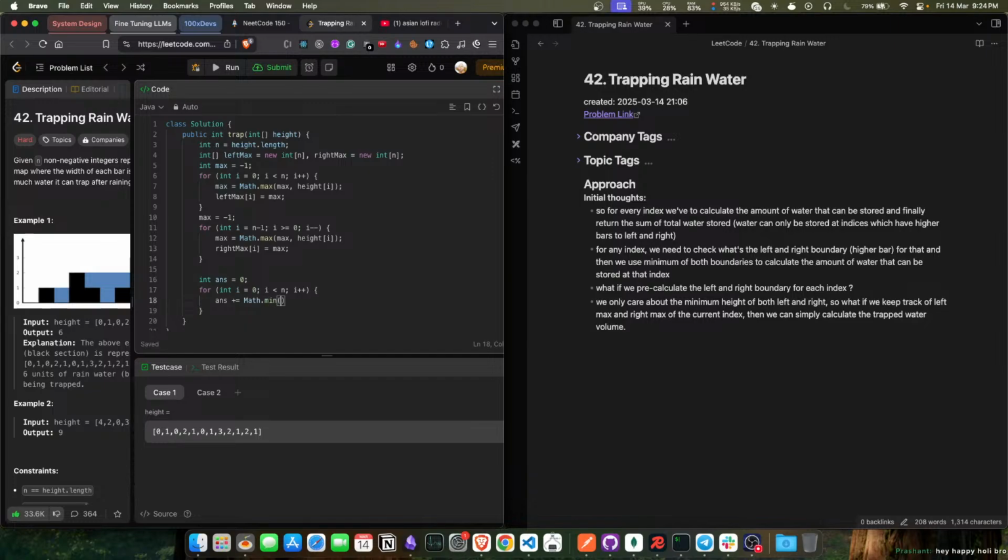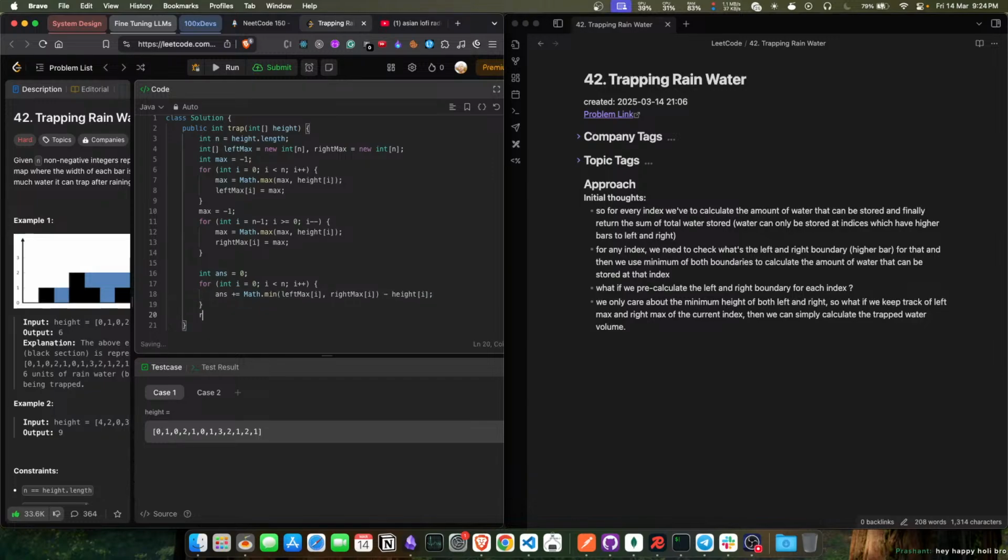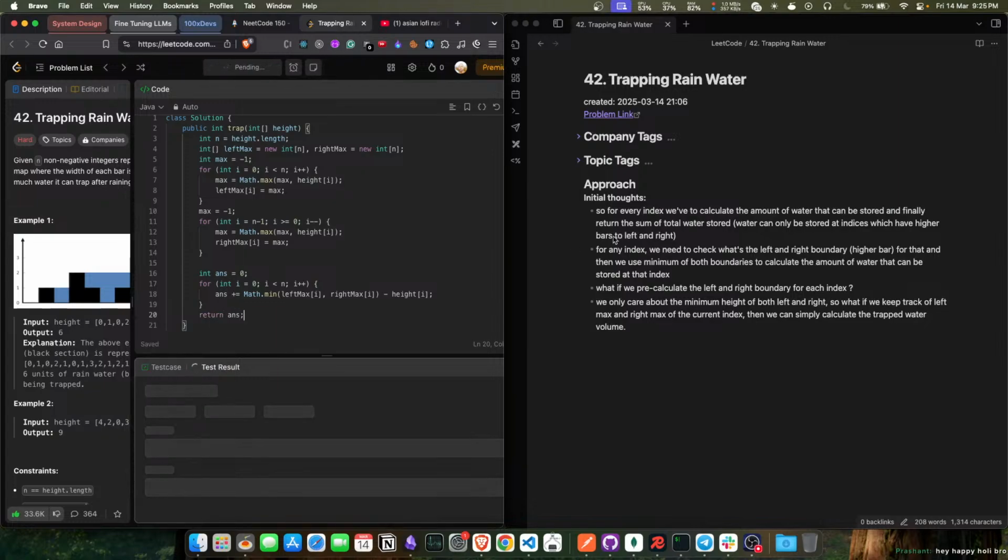We need the minimum height, right? So it will be the min of left max of i and right max of i. And out of this height, we need to subtract the current height. And this should be the final answer, right?